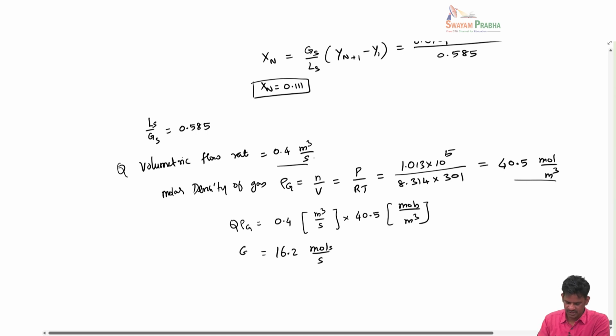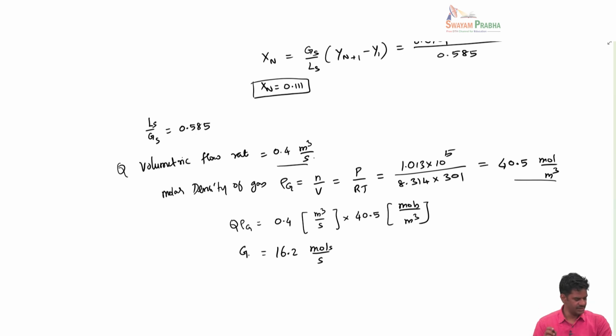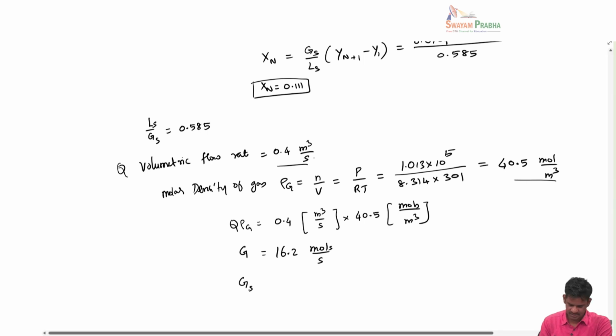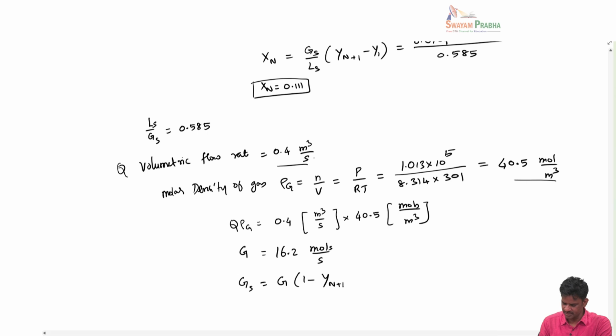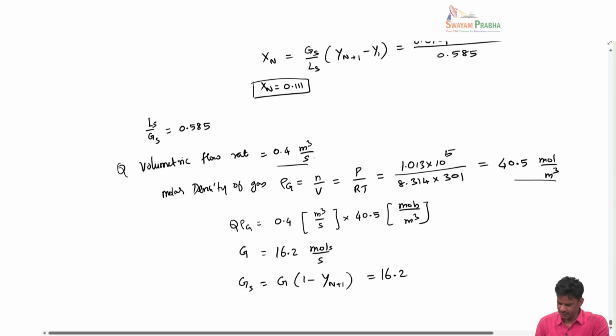So this is G, but what we want is Gs. Gs is G times 1 minus y n plus 1, where y is the mole fraction. So I'll get 16.2 times 1 minus 0.070.